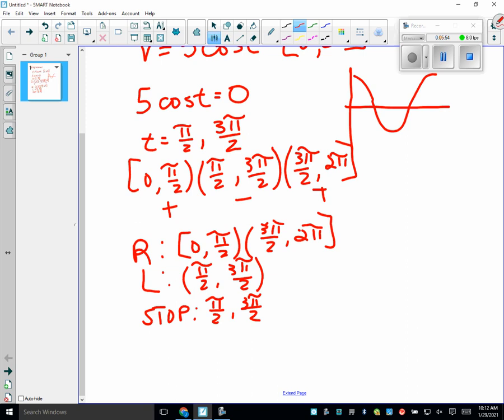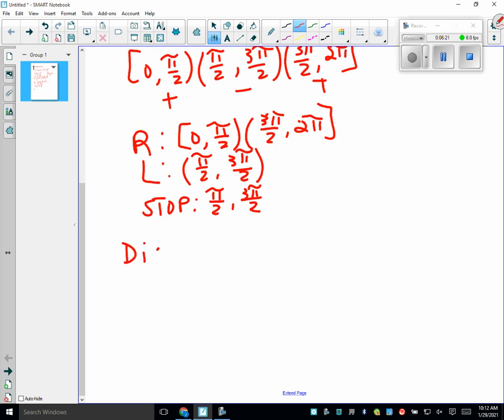Now, my question is, what is the displacement? The displacement is where it was when it started to where it ends. For the displacement, I actually need V of 0 and V of 2 pi.